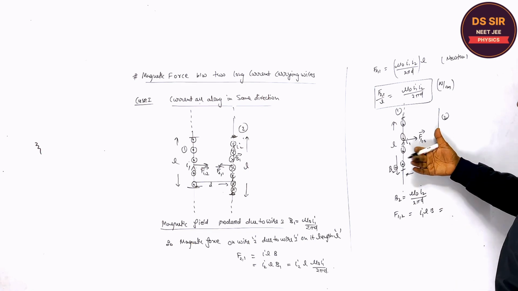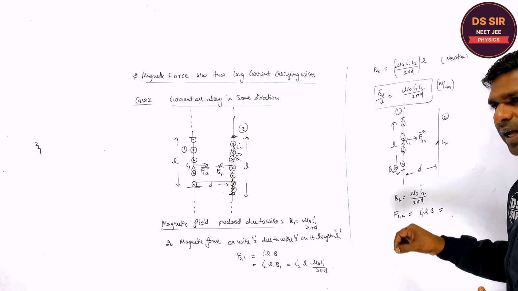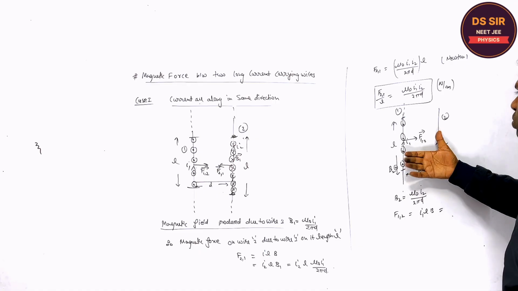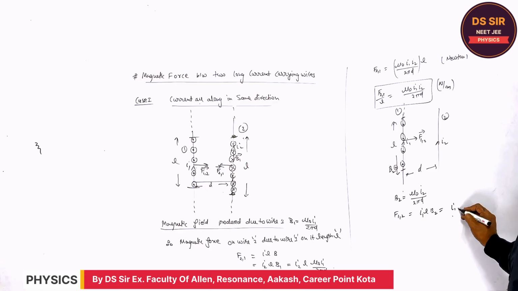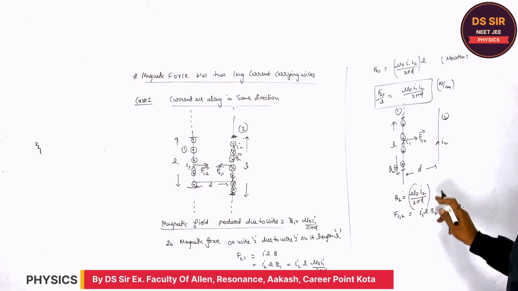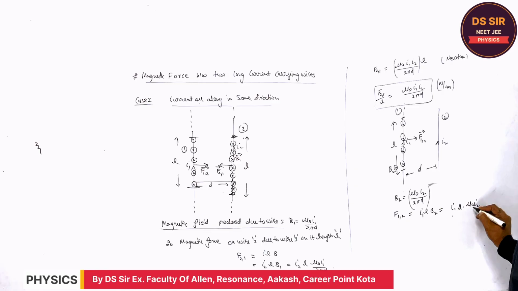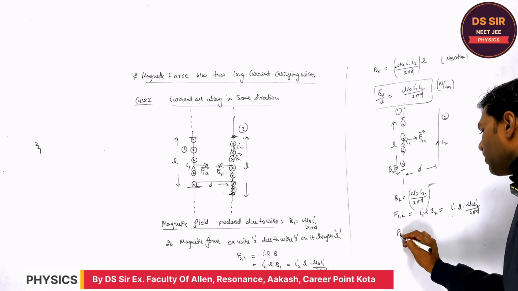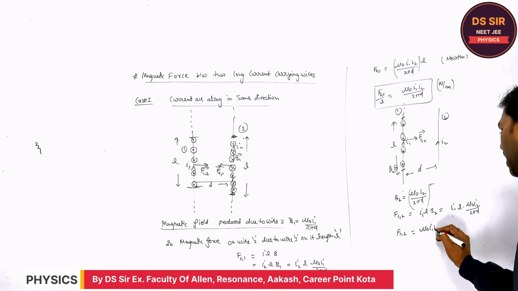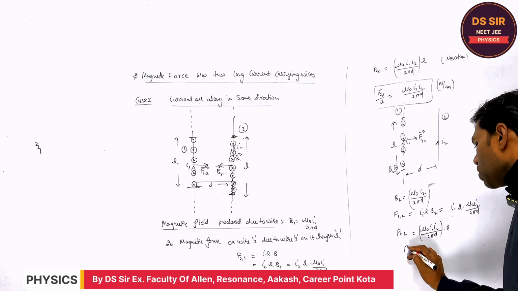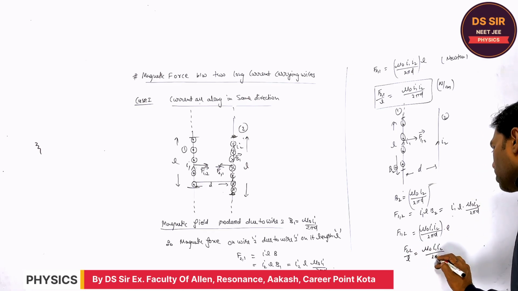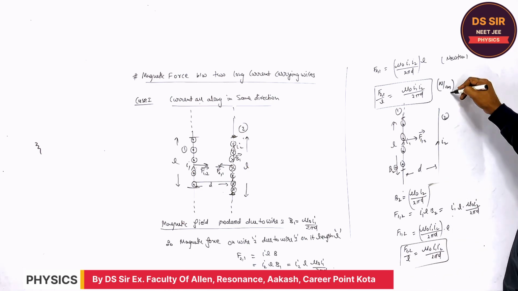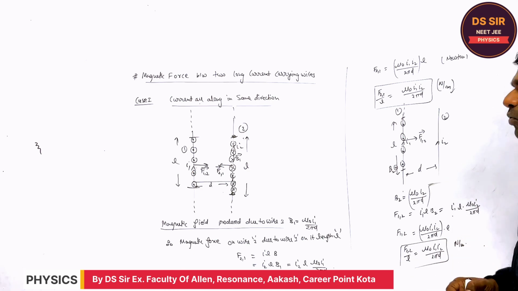And in which magnetic field is it present? The one produced by wire 2, so it is I1 L times B2, which is mu naught I2 upon 2 pi d. So F1,2 is equal to mu naught I1 I2 L upon 2 pi d. Is it clear? F1,2 upon L is mu naught I1 I2 upon 2 pi d. Is this the same force or not? Same force. So what does it mean?